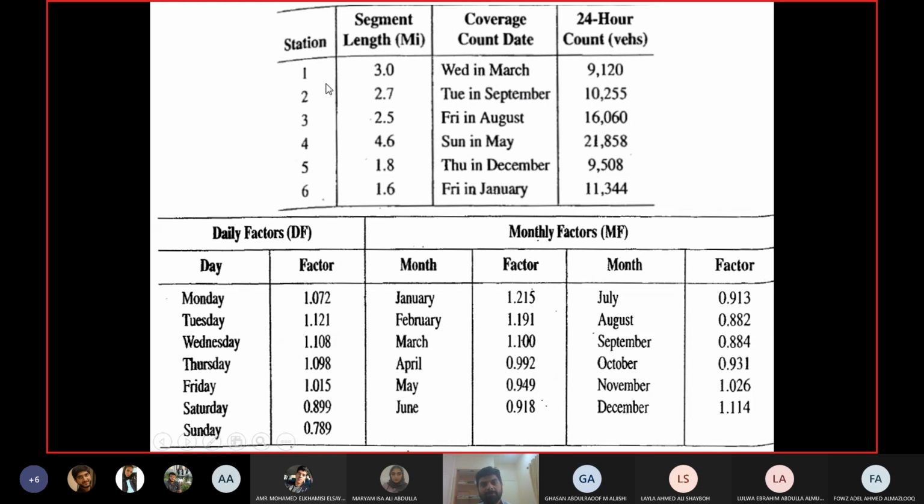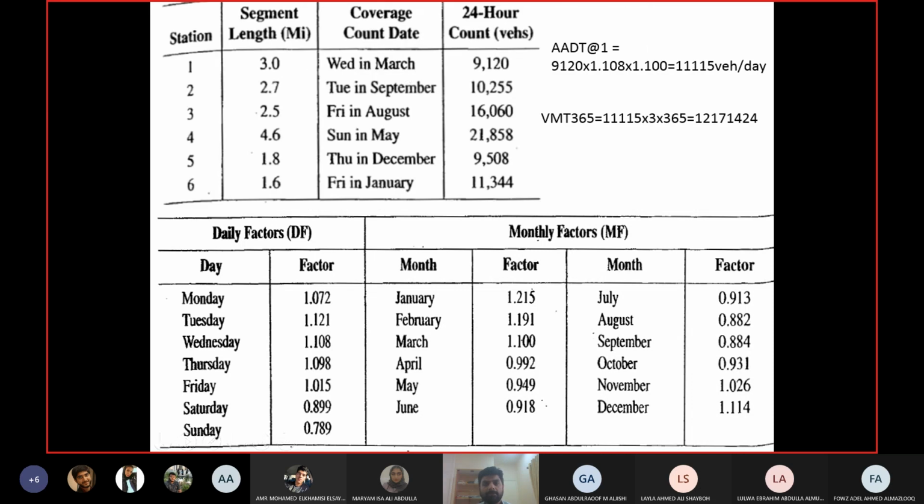Then you multiply AADT with the length, 3 miles, and the 365 days of the year, and you will get VMT for the entire year. I've done this calculation, so this is what I was saying. AADT at station 1 is the value at station 1 multiplied with the adjustment factor of Wednesday, because it was taken on Wednesday, and multiplied with the adjustment factor of March, because it was taken in March.